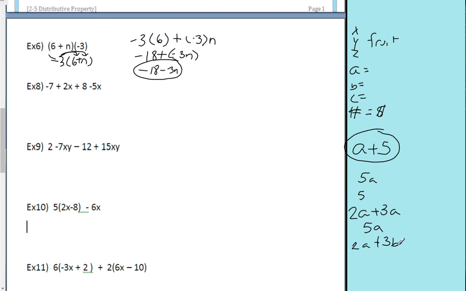If I have 2 apples and I have 3 bananas, what do I have? Do I have 5 apples, 5 bananas, 5 apple bananas? Actually, I don't have any of those things. If I have 2 apples and 3 bananas, I can't do anything to them. I have 2a plus 3b. There's nothing I can do. I cannot simplify them.